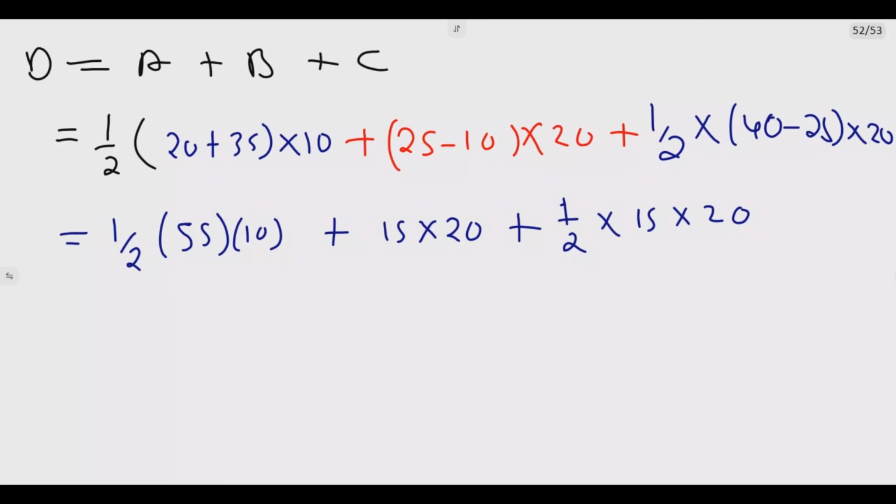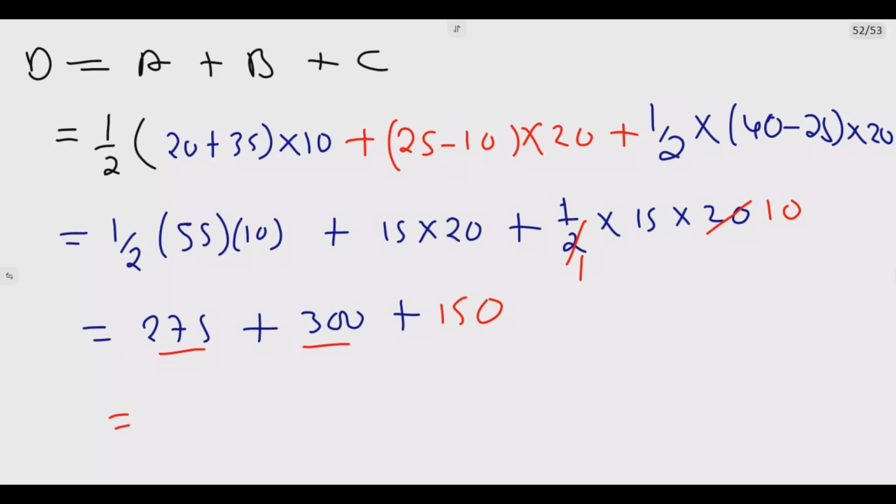So this one is going to be 550 divided by 2 to be 275, then plus this is going to be 300, then plus this is going to be 150. Okay, so when I add this, it's going to be 575, which is this one, and this one plus 150 is going to give me 725 meters. But this is just the distance covered.